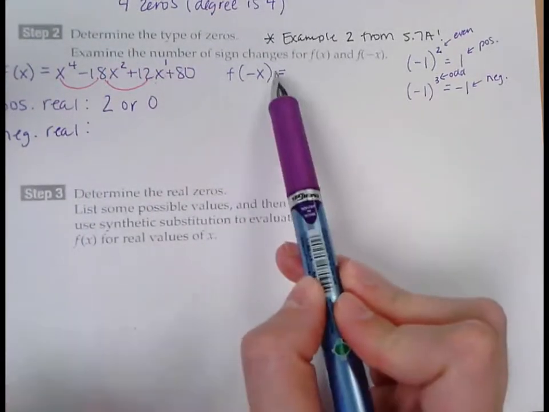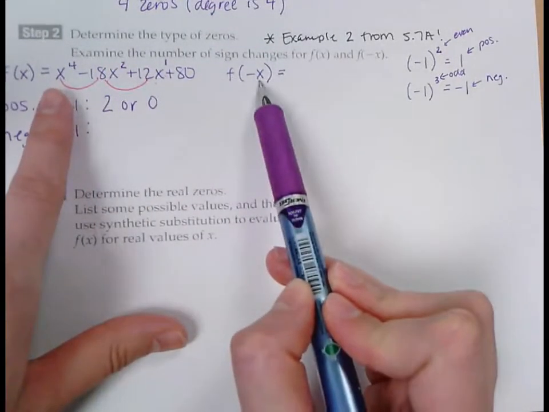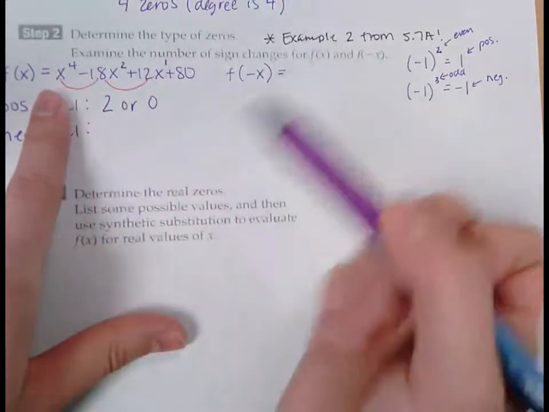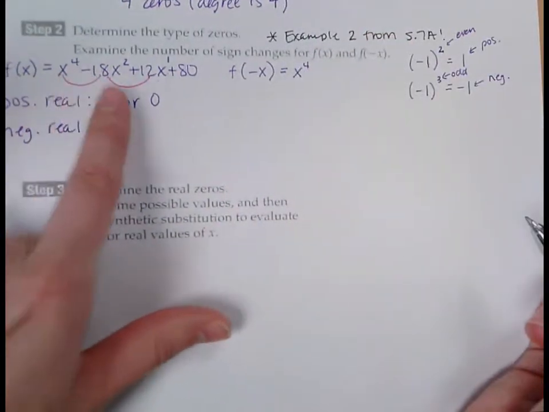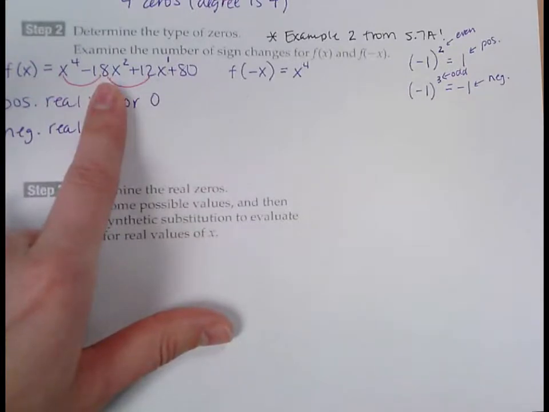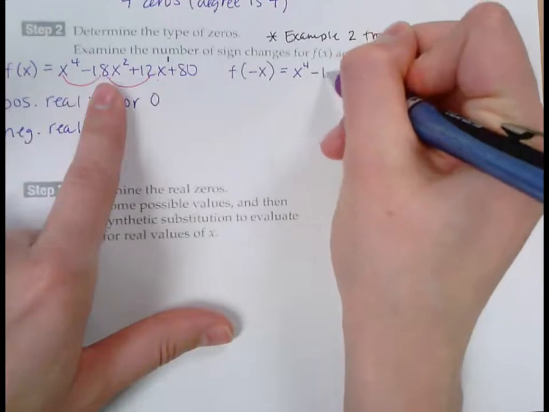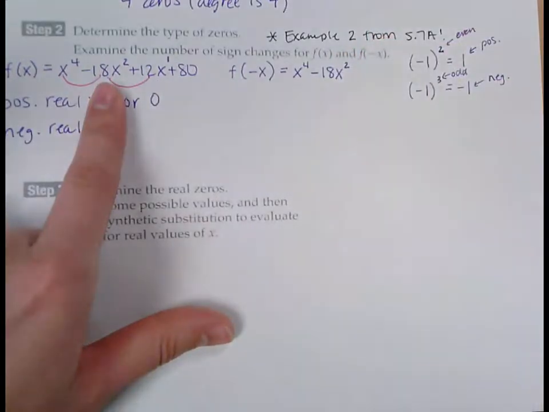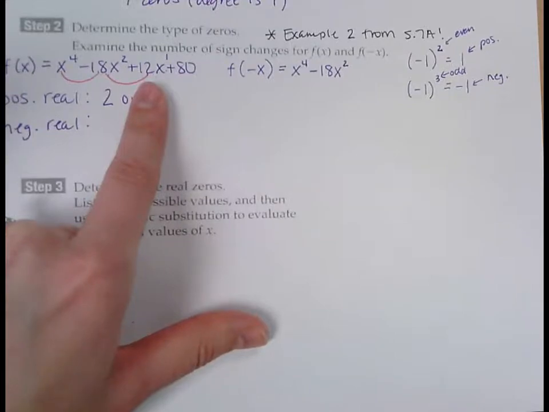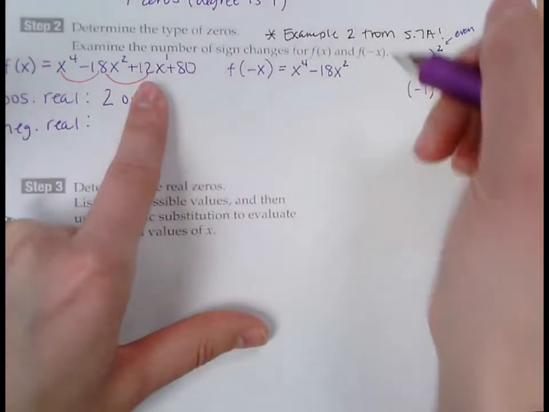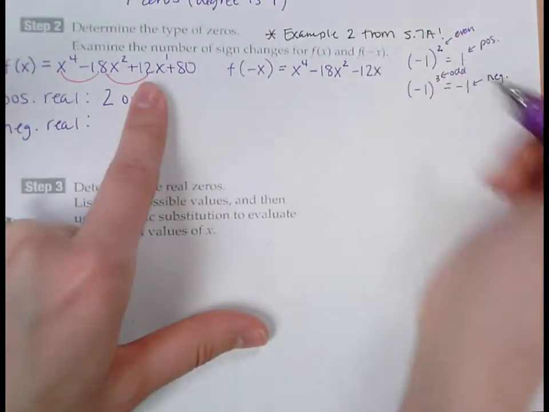So f of negative x is going to equal, again, x to the fourth. It's an even exponent. It stays positive x to the fourth minus 18x squared, even exponent, so it stays minus 18x squared, plus 12x is an odd exponent, so it'll change to -12x.